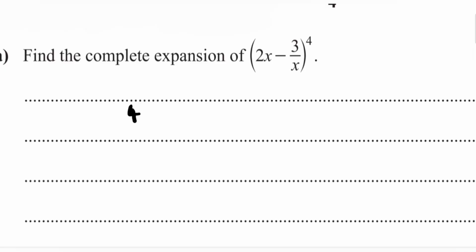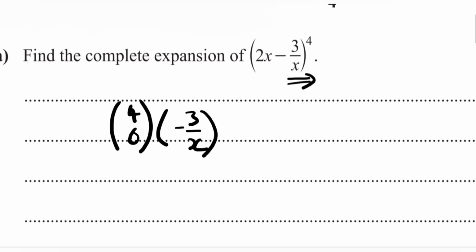That's our 4 choose 0 multiplied by minus 3 over x to the power 0, and 2x to the power 4 minus 0, that's 4, right?